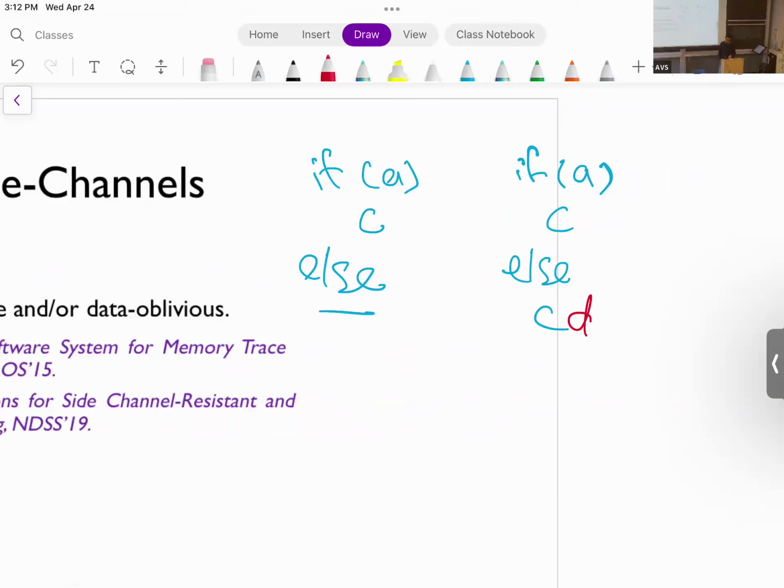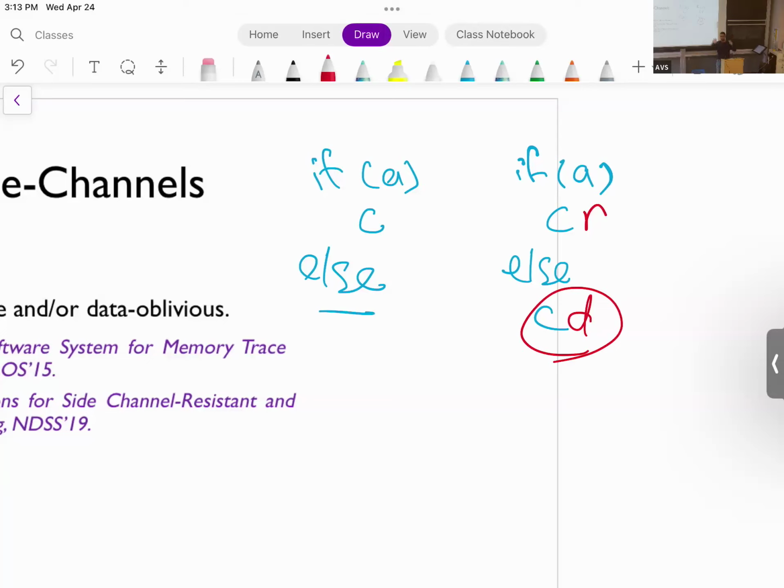This is access dummy. This is access regular data. So you bring something that you don't care about, you just ignore it. You save it in some random register and that's it. As long as the correctness of your application is not changed, then you're good to go. Does that make sense?